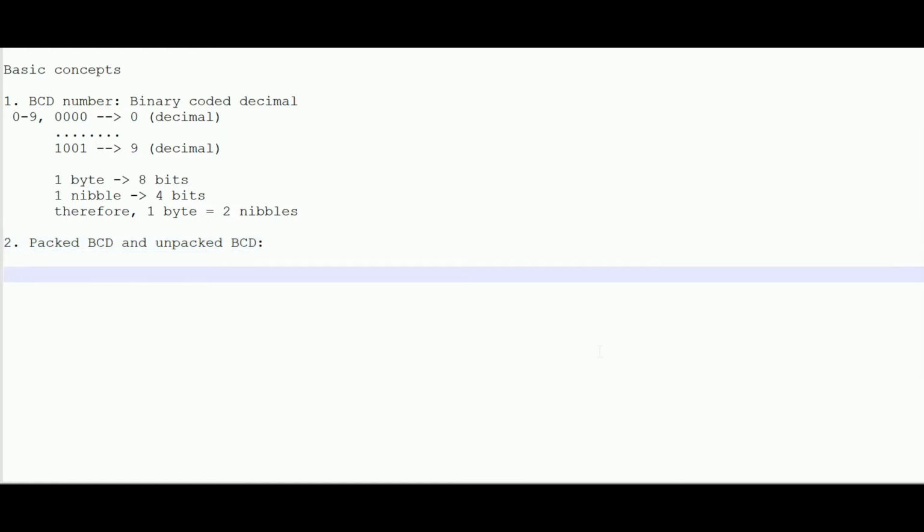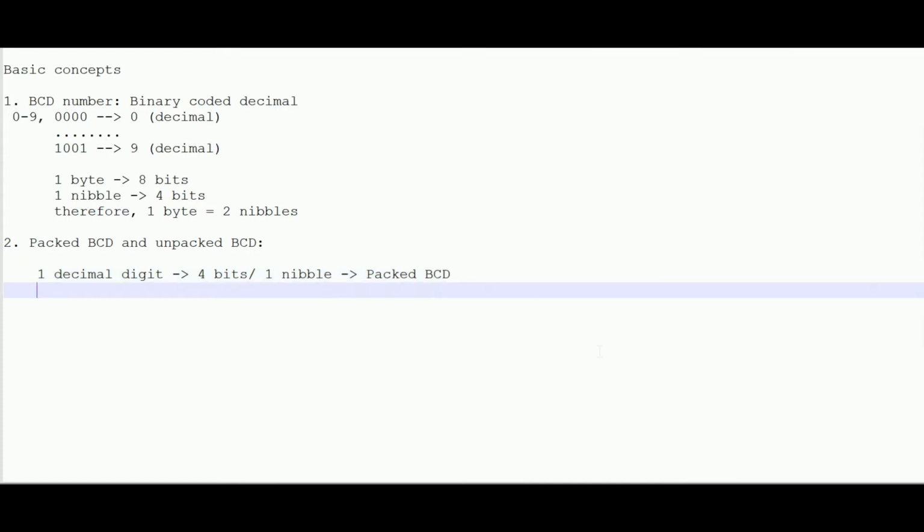So I can write: when one decimal digit is stored using 4 bits, that is also called 1 nibble, then it is called packed BCD. If one decimal digit is stored using 8 bits or 1 byte, it is called unpacked BCD.